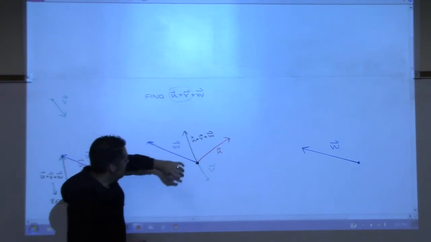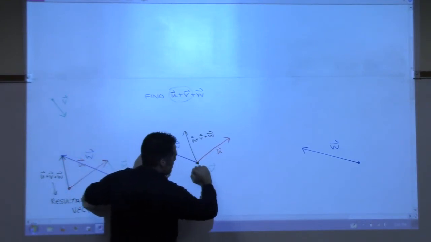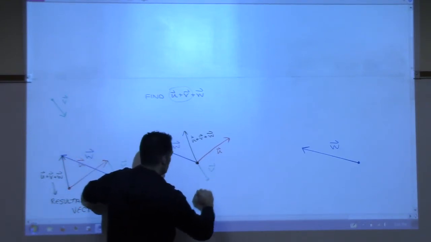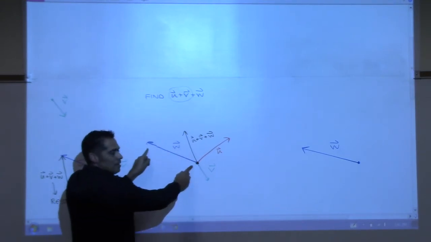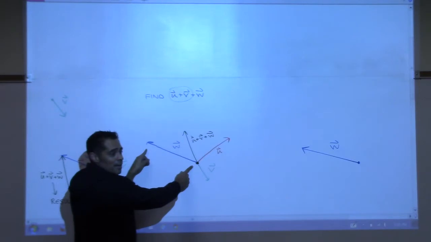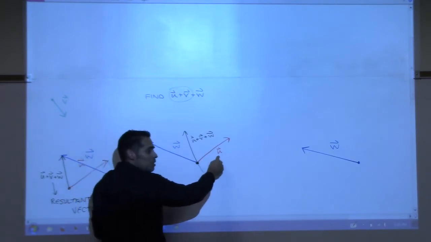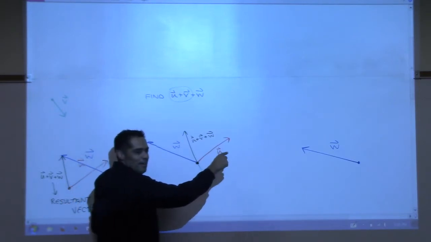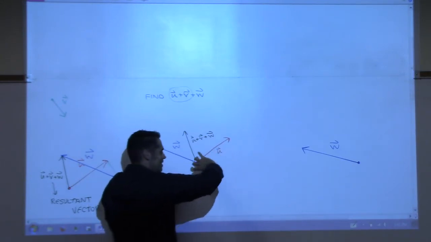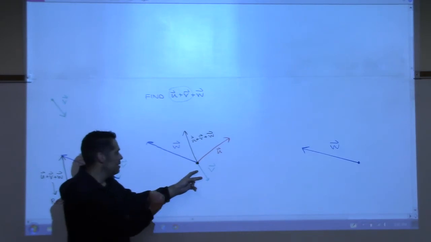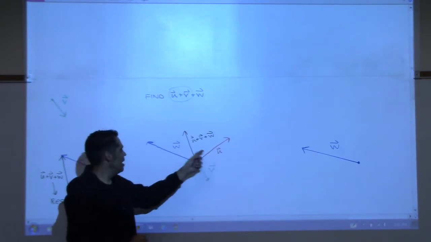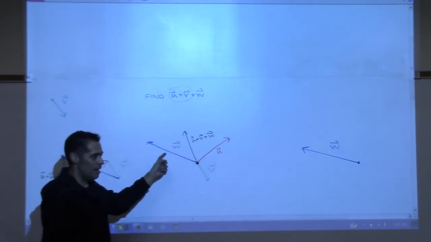This lion is pulling at that piece of meat in this direction with a certain force. Lion W is really pulling on this thing, and lion U is pulling with this force. So V is the weakest pull, U is the next, and then W is the strongest, right?